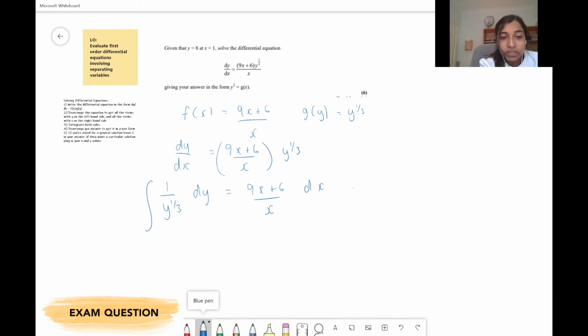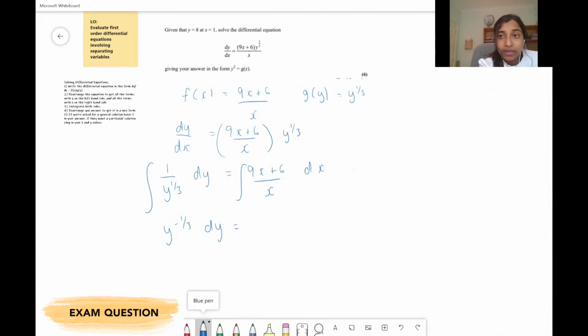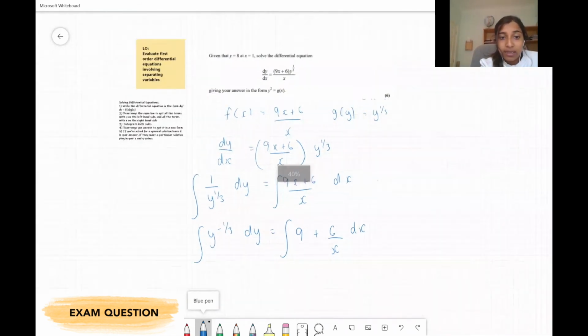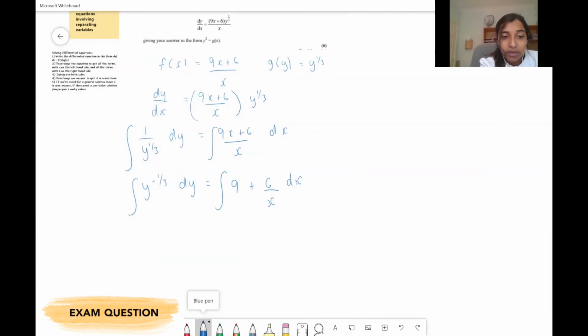And now we can integrate both sides. This simplifies to y to the power of minus a third dy, and then we can simplify each term of the expression. So the integral of that equals the integral of 9x over x, that's just 9, plus 6 over x dx. Now we can integrate both sides here. We get the integral of y to the power of minus a third.